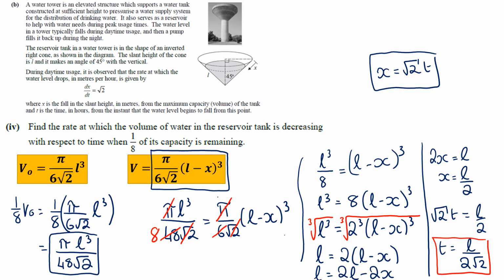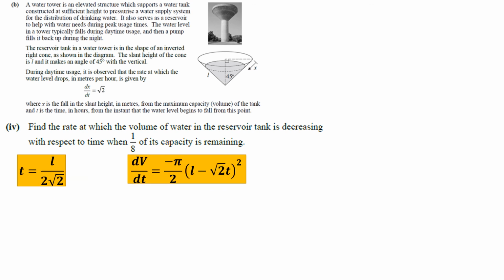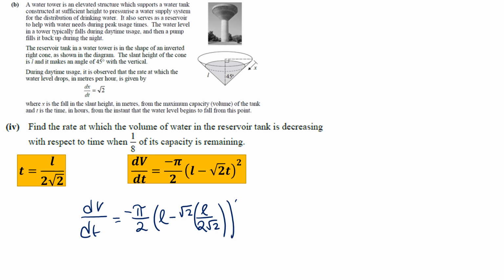And now I can go back to my dv/dt and simply sub it in. So I have dv/dt is equal to minus pi over 2 (L minus root 2 times L over 2 root 2), and this is all to be squared.